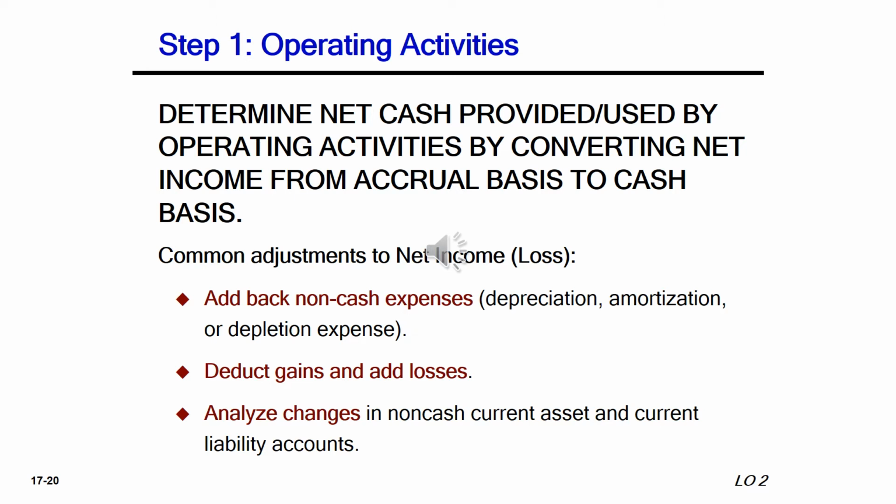So these include some adjustments that you're going to need to perform on the net income, such as adding back non-cash expenses such as depreciation, amortization, or depletion expenses. Because remember, these kinds of expenses are not actual cash that is paid out by the company, right? We will deduct gains and add losses, and finally analyze changes in non-cash current asset and current liability accounts.